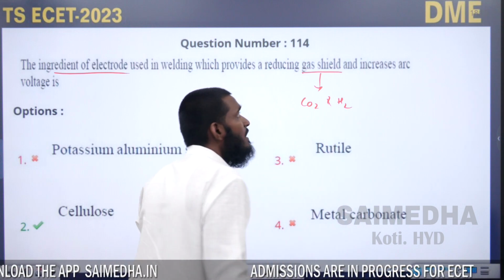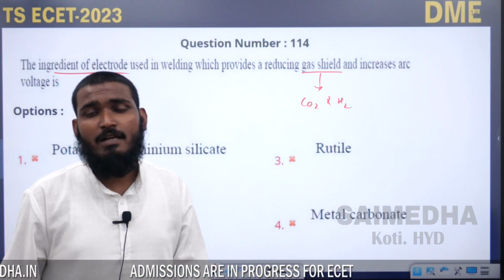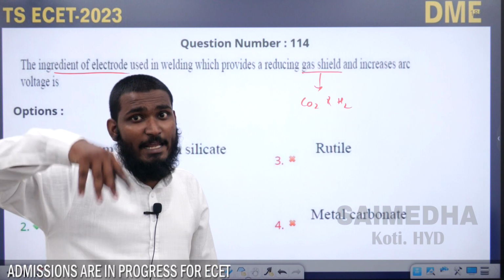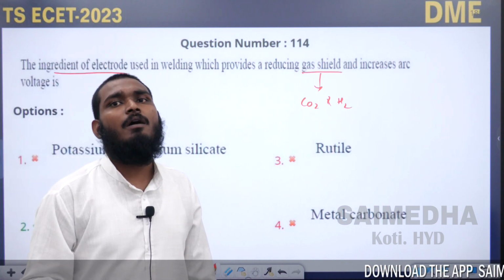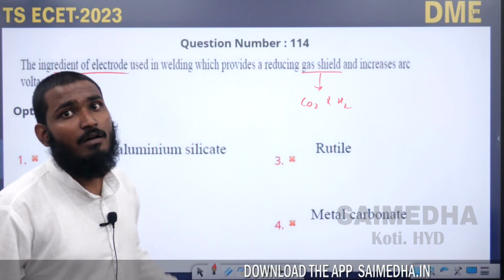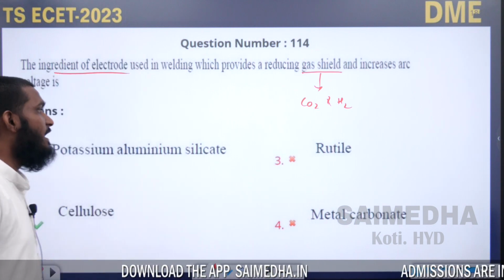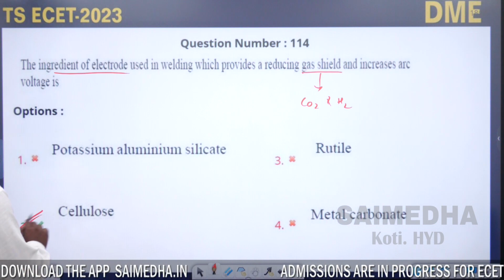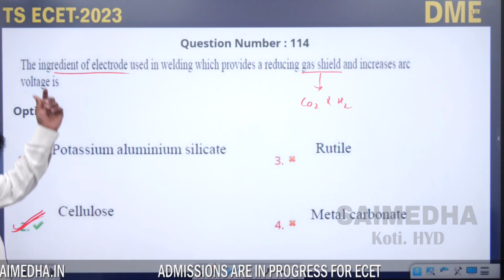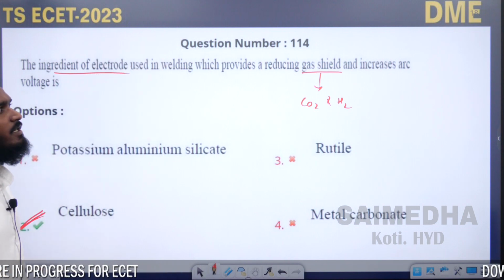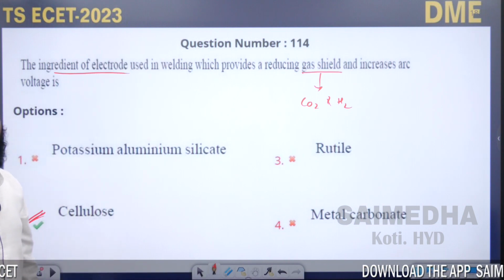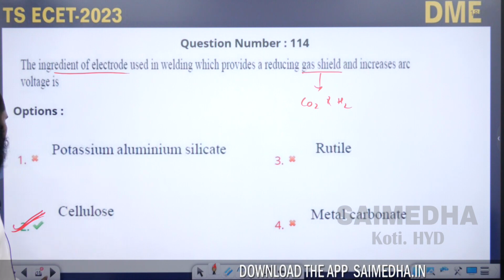And whenever it is increasing the arc, it is used for deep arcs. What is that ingredient name? We are calling this part cellulose. Cellulose of the electrode is providing what? A gas shield, and it is increasing the arc voltage. Okay, so option 2 is correct.